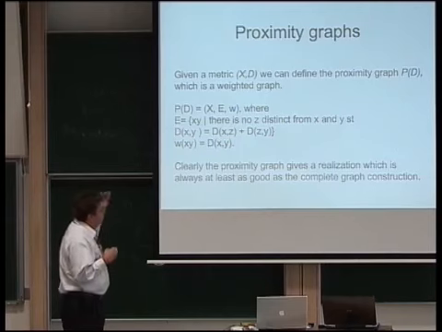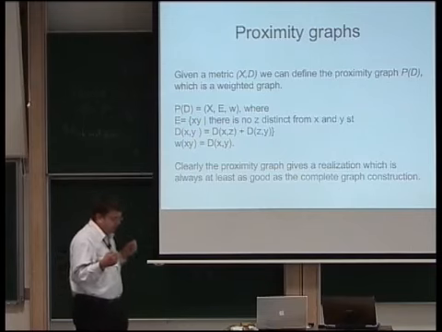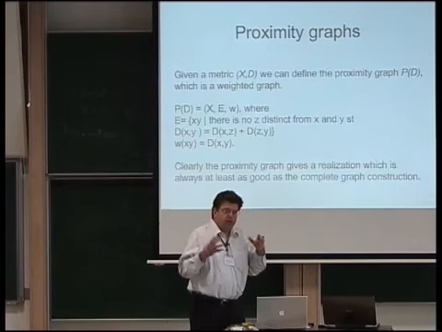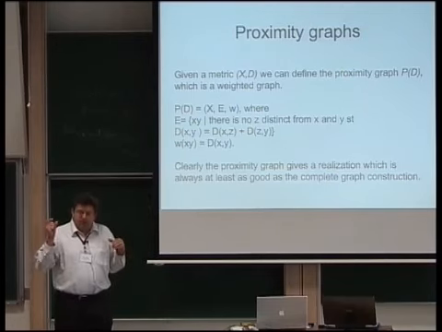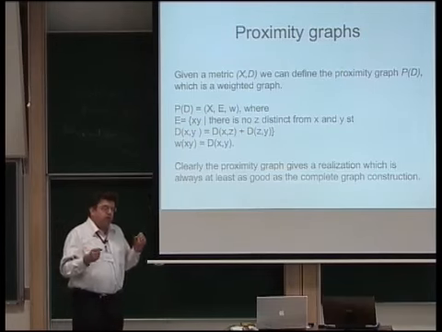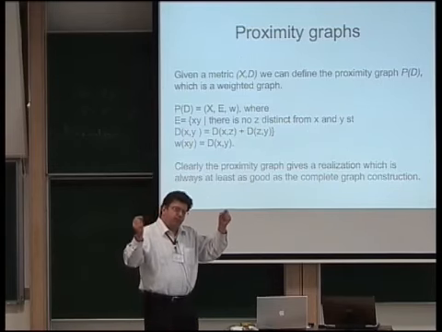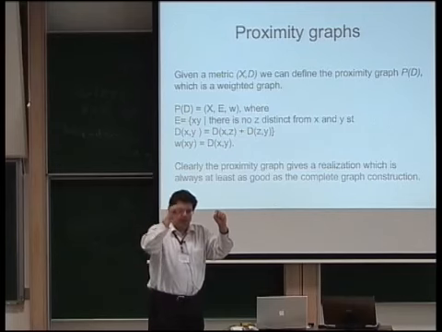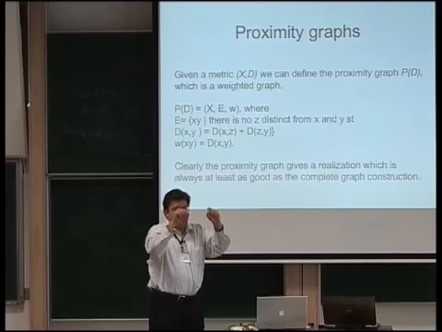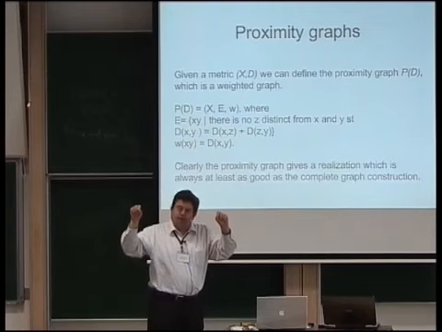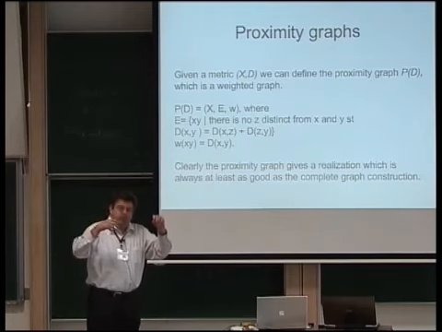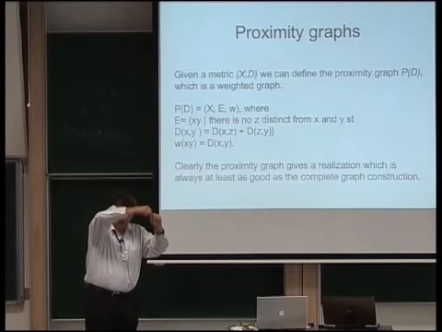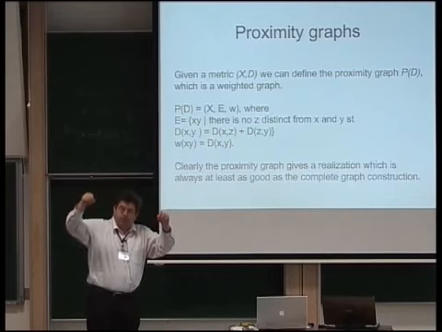Instead of the clique we had before, where we put an edge between every two vertices of the set X, now if there is a vertex Z between X and Y such that the distance between X and Z plus the distance between Z and Y equals the distance between X and Y, then you don't have to put in the edge XY, because that distance is already realized.